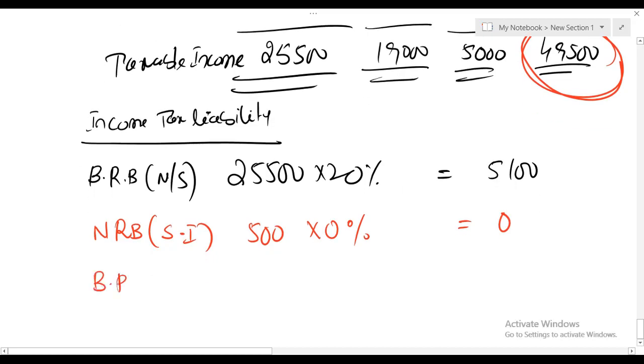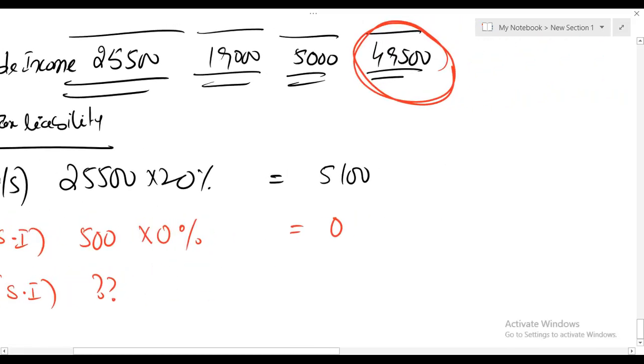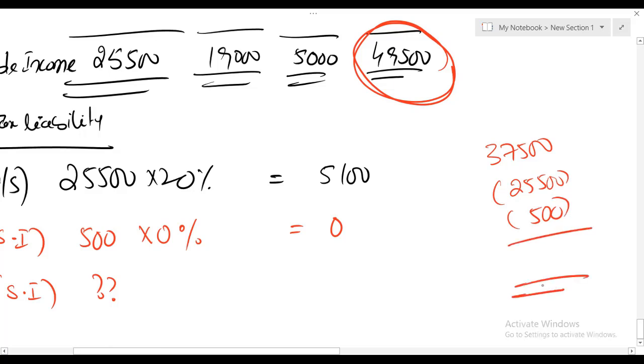Now I have to check how much space is left in basic rate band for saving income. Because the limit for the basic rate band is 37,500. I have utilized 25,500 and I have used 500 as well. So how much is left in basic rate band?